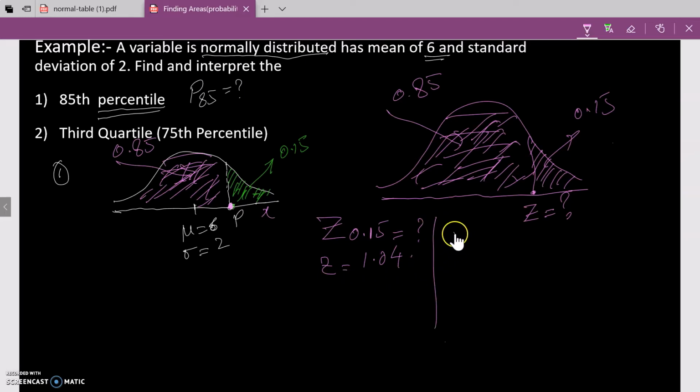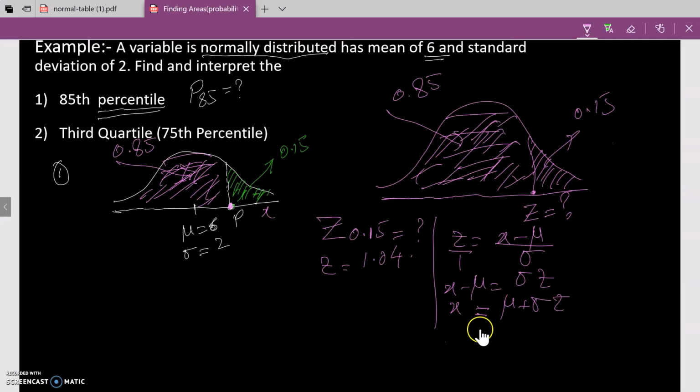Let me apply this formula, z equals x minus mu over sigma. We are doing the cross multiplication, a little algebra. So we have x minus mu equals sigma z, or x will be equal to mu plus sigma z. I have done just a small algebraic manipulation, nothing more than that.